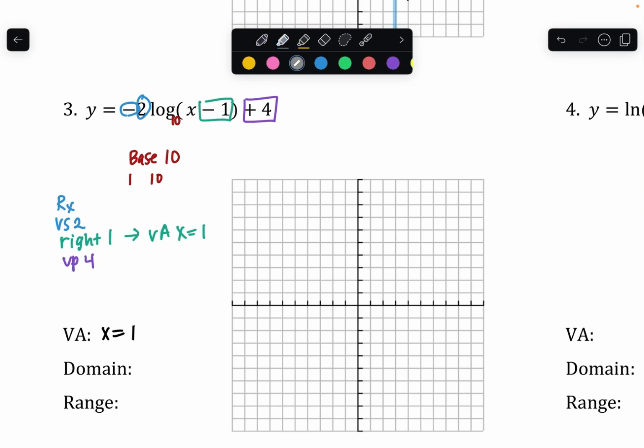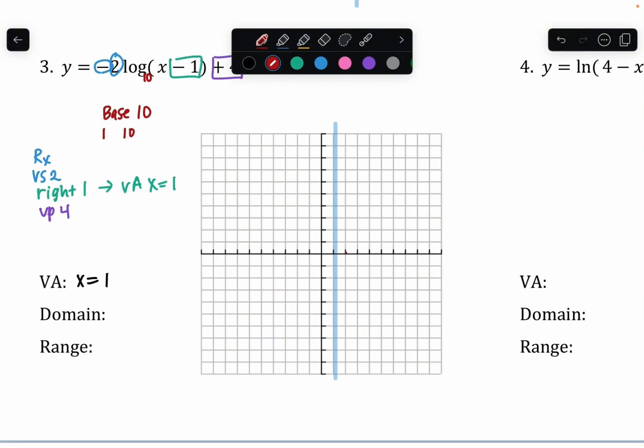Okay, so start with your vertical asymptote, right 1, at least get that in the right place. So after we graph the vertical asymptote, the next point we would have is our 1 away point and then our 10 away point, which would be off our graph. But this has been reflected across the x-axis. So instead of this 1 away point being up here, it's going to be down here below the axis.